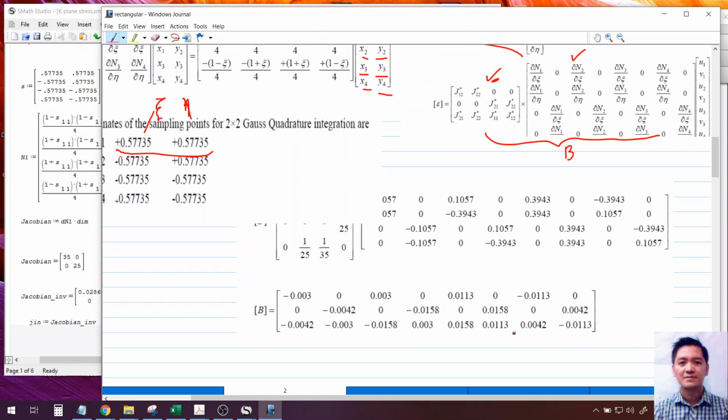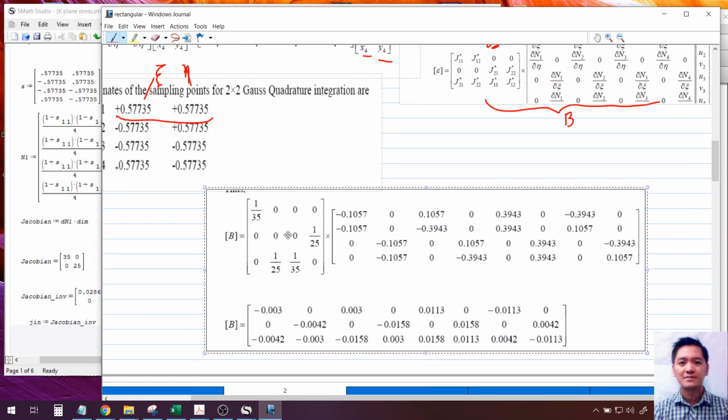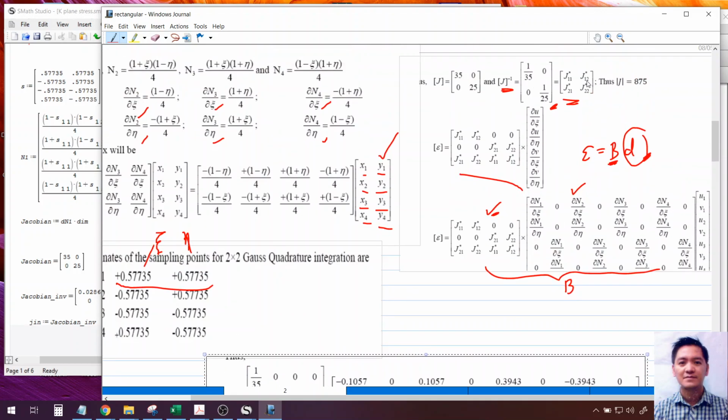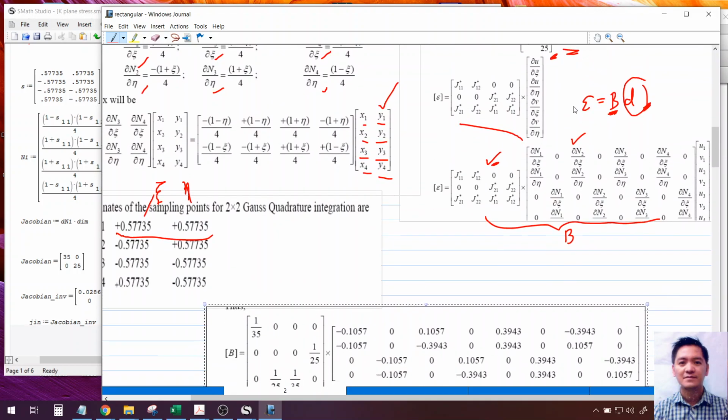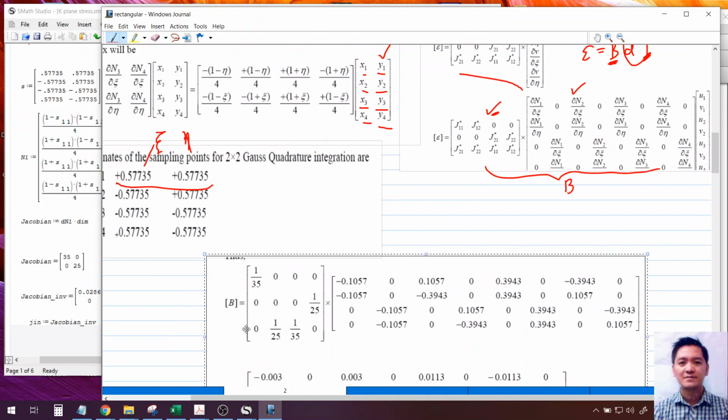So, ito siya. So, the B is, ito yung J11 natin, J22, ito. Okay. So, walang value, 0 ang J12, according here. So, J11, ito, J22. J21 is 0, J22 is this, J11 is this, J12 is 0.